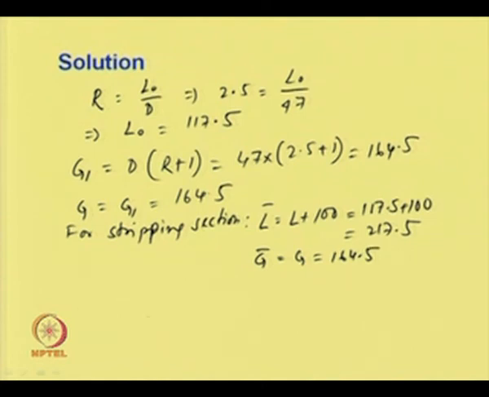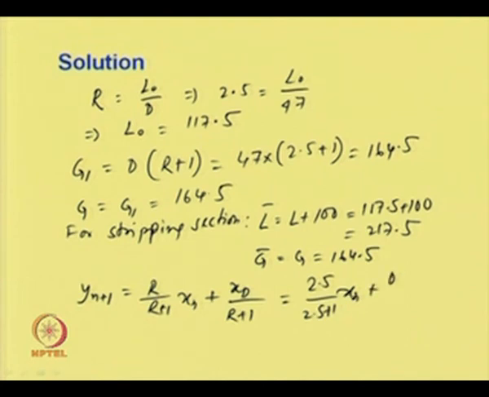Now, the operating line for the rectifying section: y n plus 1 is equal to R by R plus 1 x n plus xD divided by R plus 1. If we substitute 2.5 by 2.5 plus 1 x n plus 0.9 divided by 2.5 plus 1, this will lead to 0.714 x n plus 0.257.